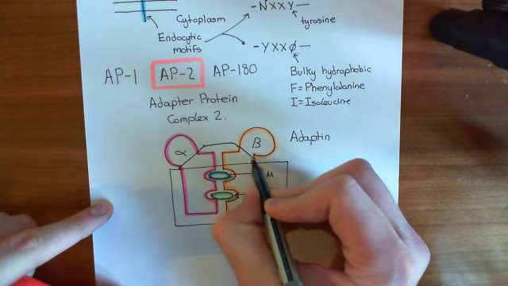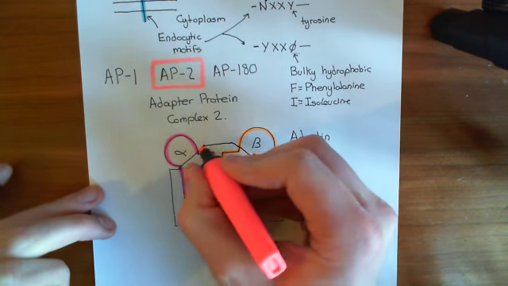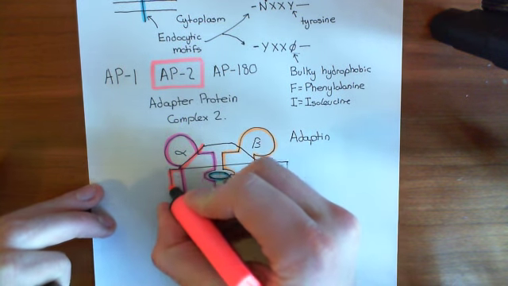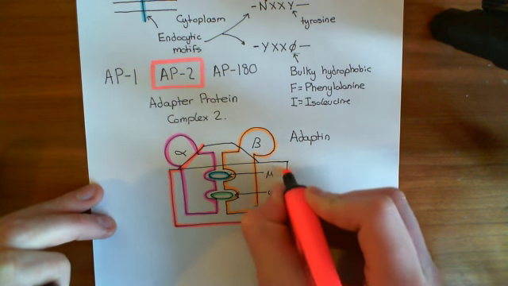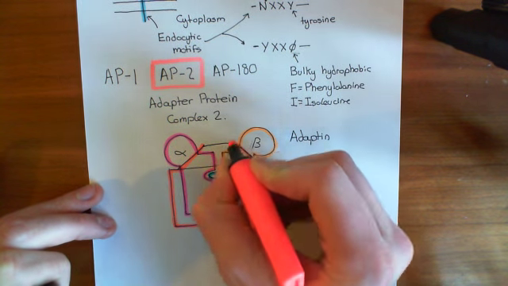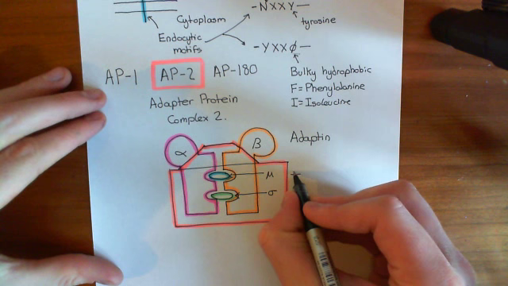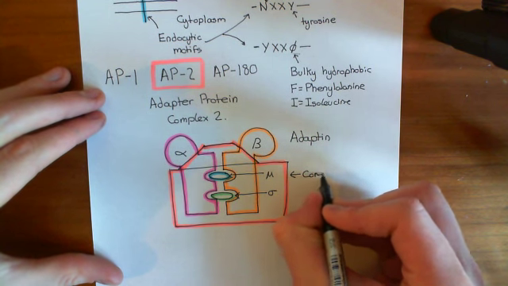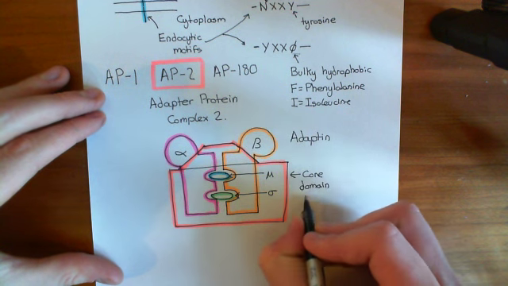So anything that's not these two ears coming off. Let me highlight this. All of this bit, shown in red here, ignore that line that I've managed to draw through the middle of it, is what's known as the core domain of the adaptor protein complex 2. So, the core domain of AP2.